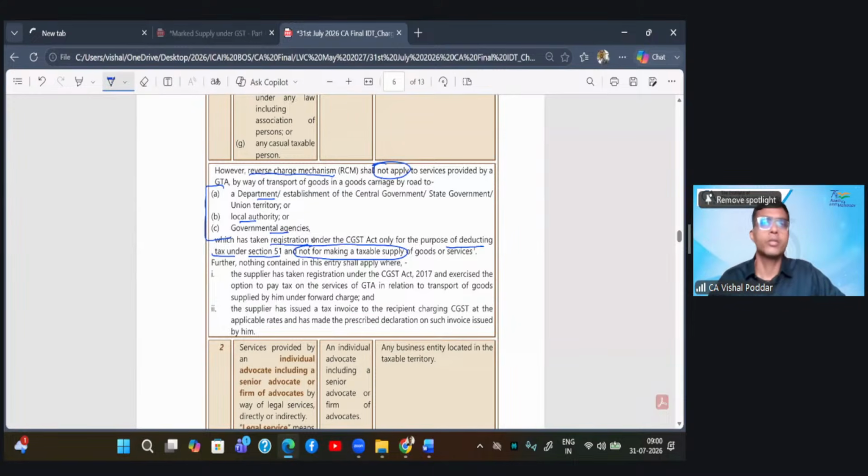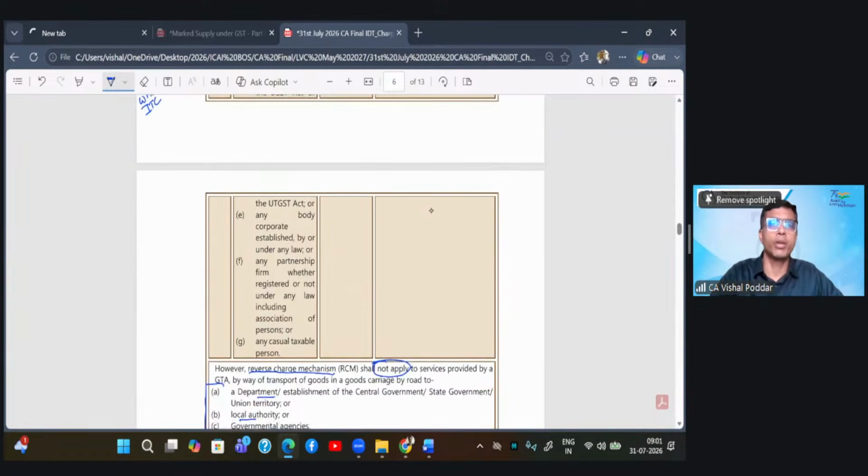Students, we have so many government offices around us. The majority of them are only doing administrative work for the government. They are not making any outward supply, but they have to take registration because the GST law makes them liable to deduct TDS. So whenever they have taken registration under the GST law only for deducting TDS, you need not pay GST in such cases under RCM. RCM will not apply. This is an important point.